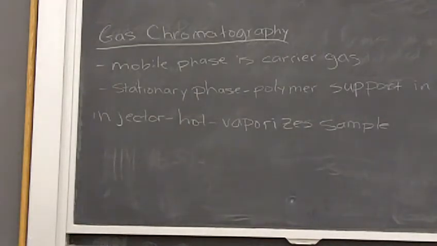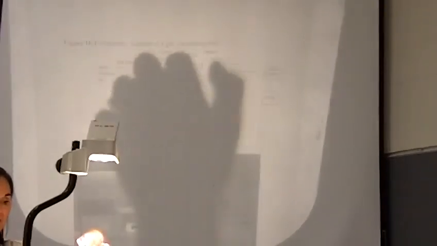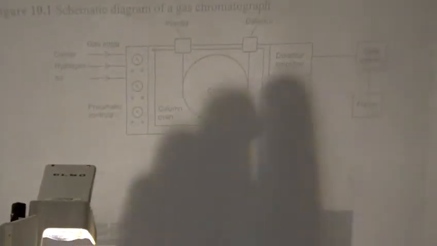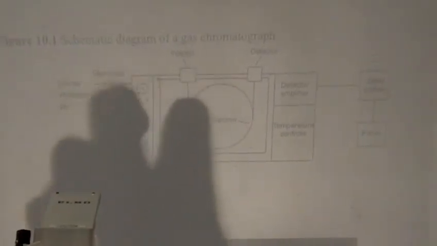Then it gets into this column, which is really tiny. We'll show you in lab this week what one looks like. It's called a capillary column. After it gets past the injector, so it's vaporized, it gets onto the column, and the column isn't hot yet, okay? It starts out cool and then ends up getting hotter. And so then that sample cools back down.